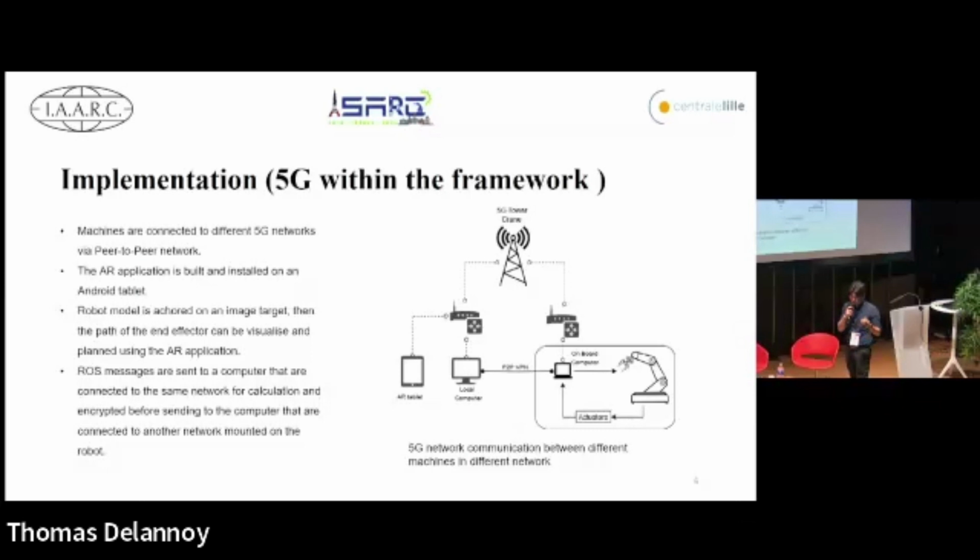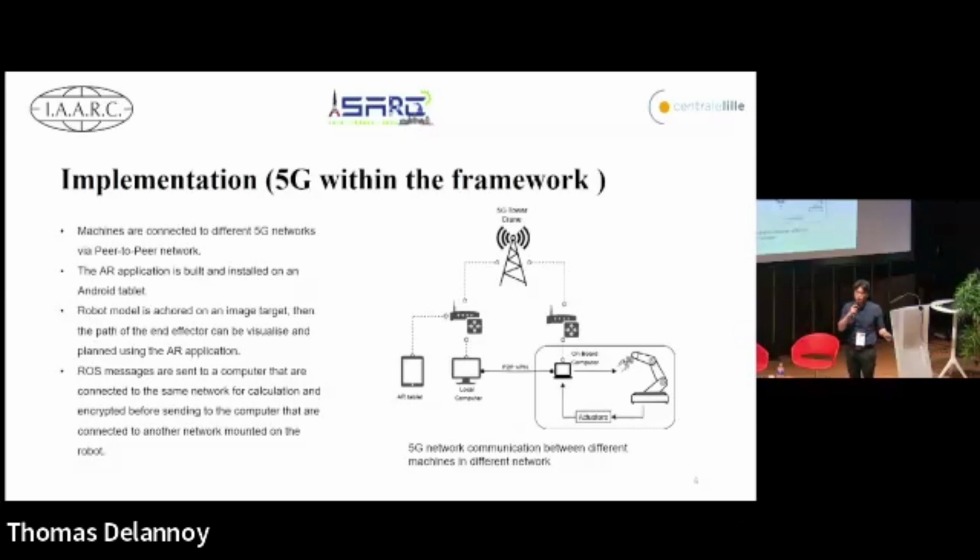The machines are connected to different 5G networks via P2P VPN. The AR application described previously is built and installed on an Android tablet. This doesn't have to be an Android tablet. It can be a HoloLens, for example, any sort of augmented reality device or HMD. And the robot model is anchored on an image target.